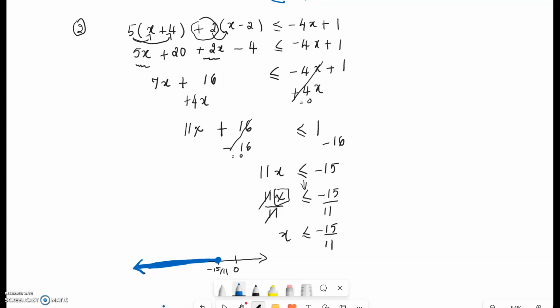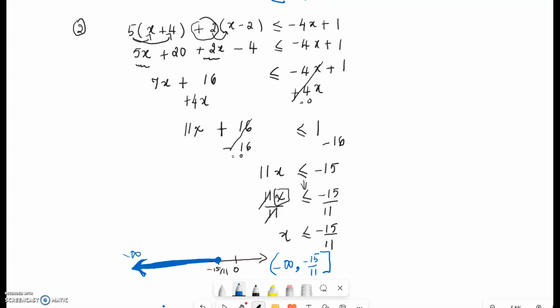And in interval notation, it is everything to the left, which means it goes on indefinitely. It can be any number. So this would mean negative infinity, comma, the upper bound, the largest that x can be, is negative 15 over 11, and I'm going to include negative 15 over 11.